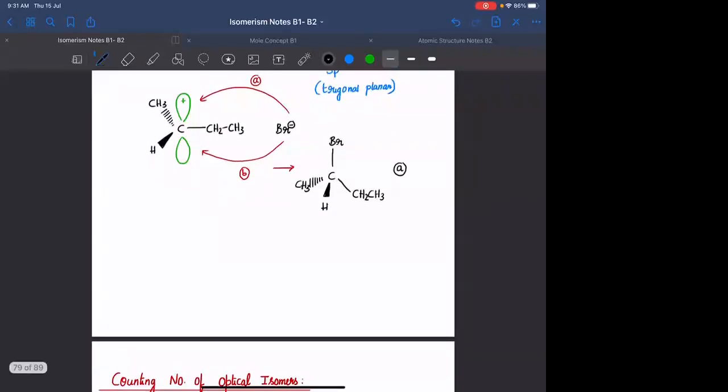What is the other product? You can have Br attached at the bottom. You will be having CH2 CH3. यहाँ पे CH3 है. Then you have hydrogen.